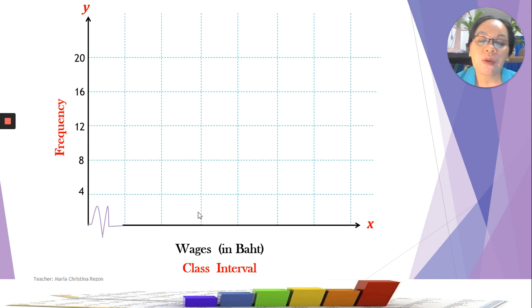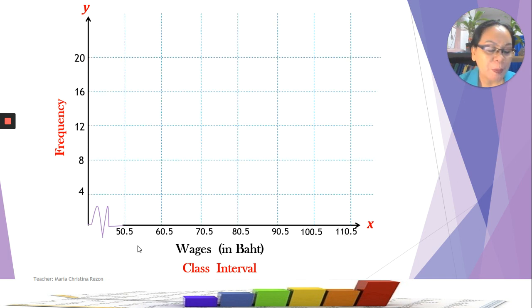And then for your class interval, we use the continuous data, which is 50.5, then 60.5, 70.5, 80.5, 90.5, 100.5, and 110.5. Now, if you notice, we have a zigzag line here. This zigzag line is very important because this indicates that our data did not start from 0.